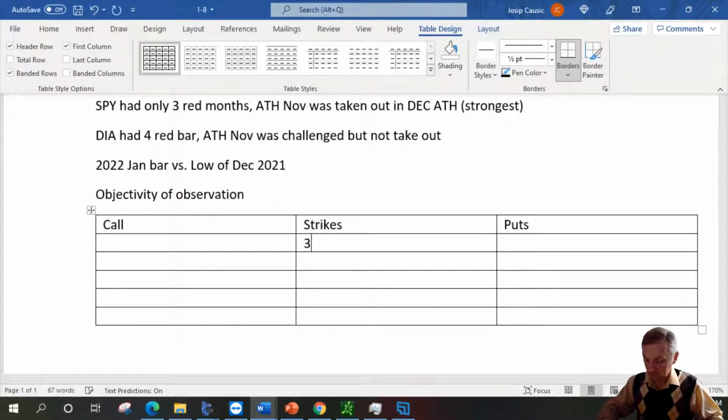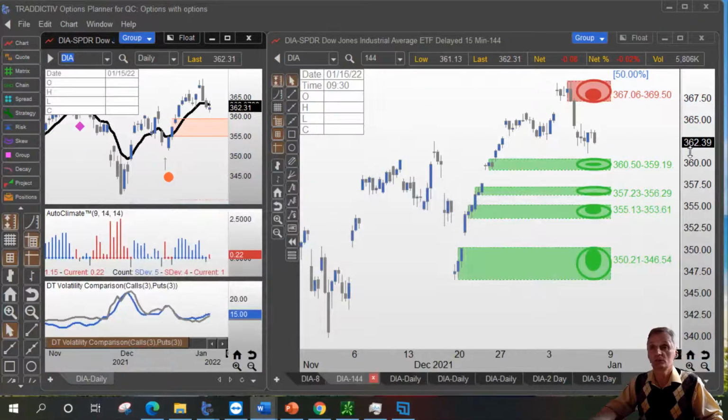Okay? So when I create these things and I focus only on one side, which is going to be 368 in relationship to the current price, which is at 362. Where am I getting these numbers from? I'm getting these numbers right here. So 362 is where the Dow currently is.